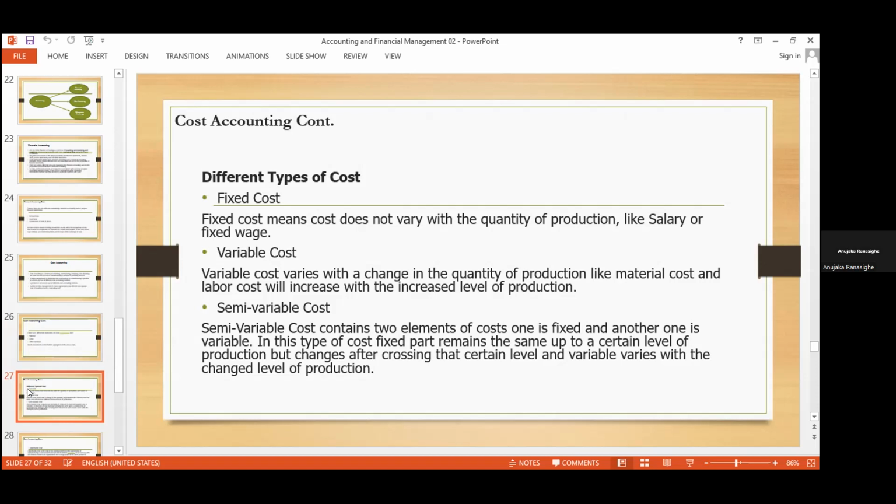It is called fixed cost, like salary, fixed wages, house rent, or vehicle rent.